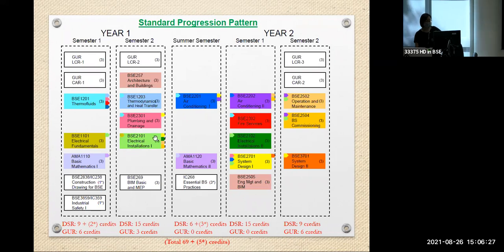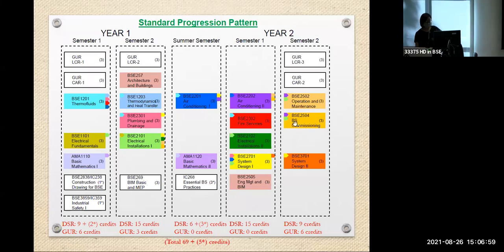So you can only retake it in semester 2 next year. All right, so it will highly impact your progression pattern. But it doesn't mean that you will never be able to graduate within 2 years. There is still a chance, but you will need to register more subjects compared to your classmates.